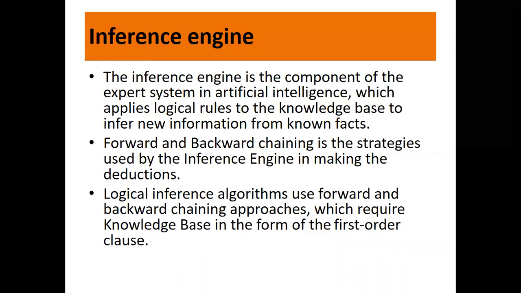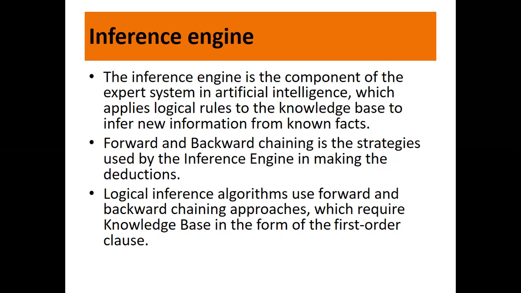The inference engine is the component of the expert system in artificial intelligence which applies logical rules to the knowledge base to infer new information from the known facts. So here the set of rules are stored and the facts are given, which are matched with the rules and accordingly the output is given. So forward and backward chaining are the strategies used by the inference engine in making the deductions.